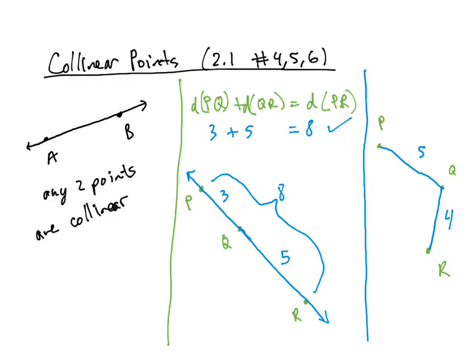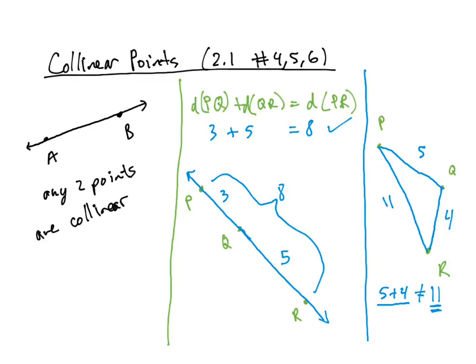And then let's suppose this here is 11. Okay? So we can clearly see that 5 plus 4 does not equal 11. So the only way that the distance between the first 2 points added to the distance between the next 2 points is going to equal the distance between the outer points is if they are in a straight line.